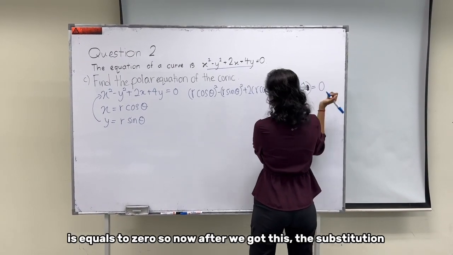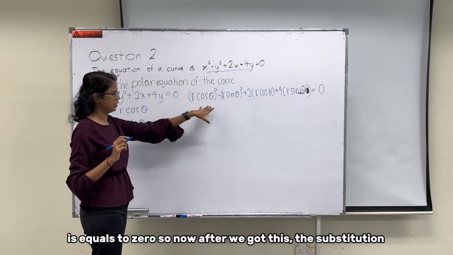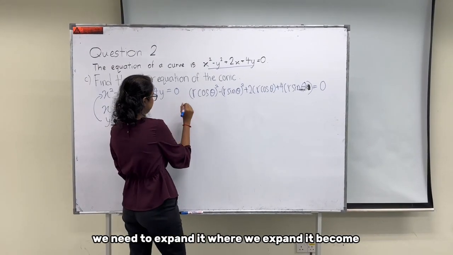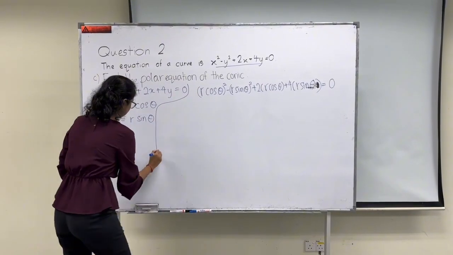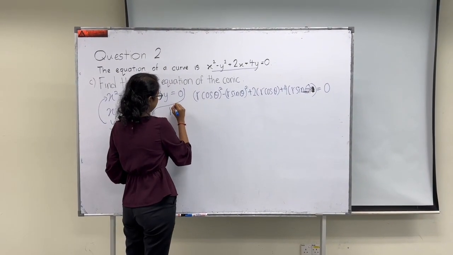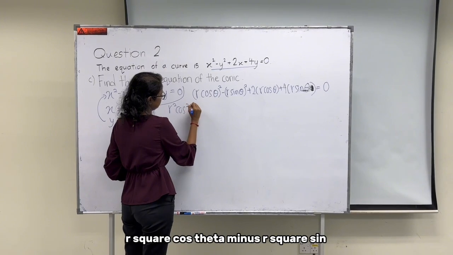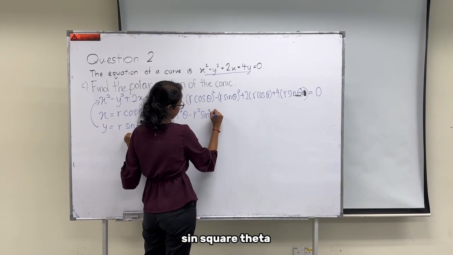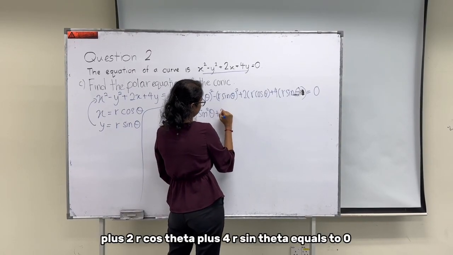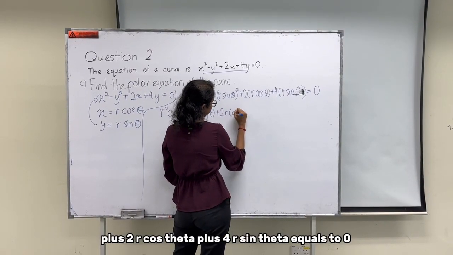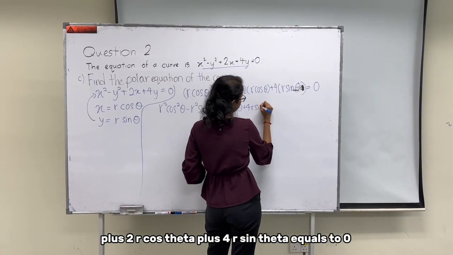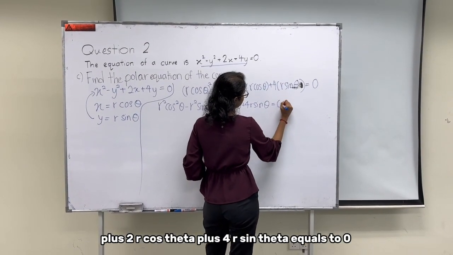So now after we got the substitution, we need to expand it. When we expand it, it becomes r square cos square theta minus r square sine square theta plus 2r cos theta plus 4r sine theta equals to 0.